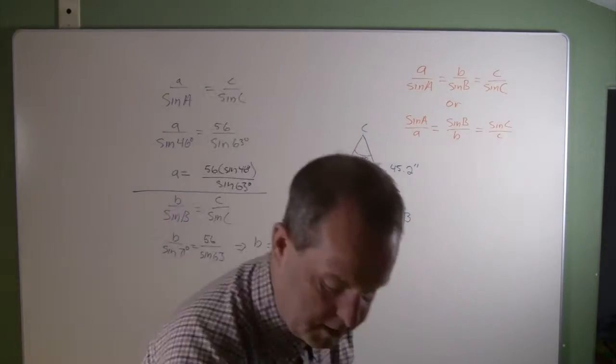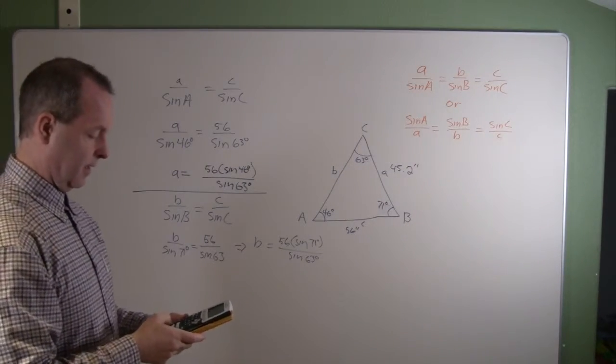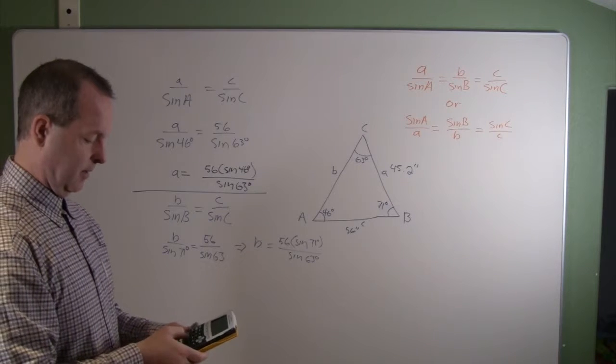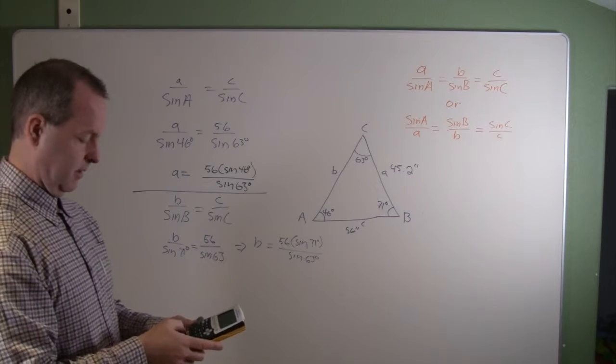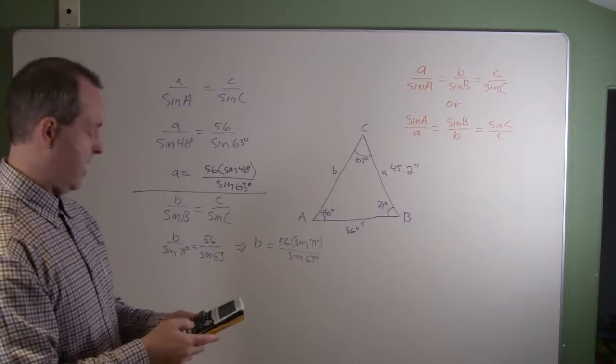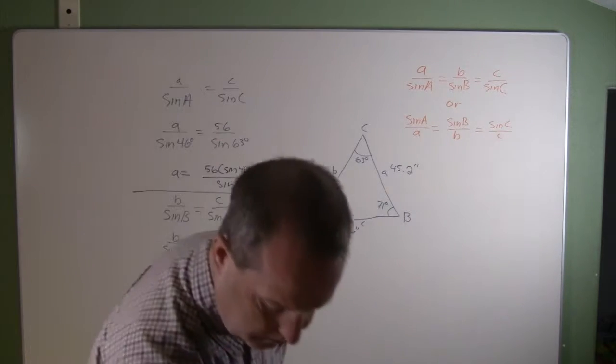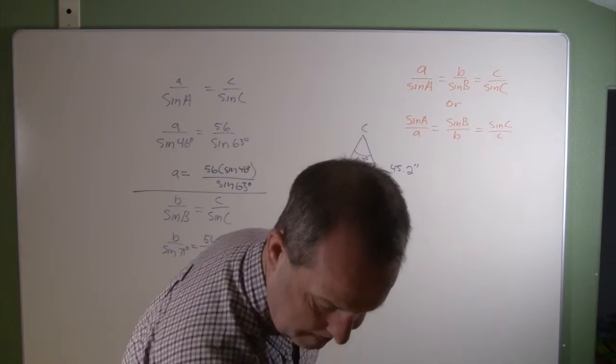And then once again, using the evil black box, 56 times sine 71 divided by sine 63 gets 59.4 degrees.